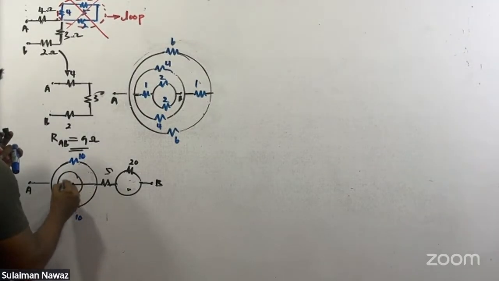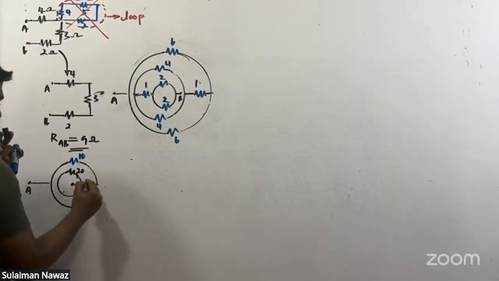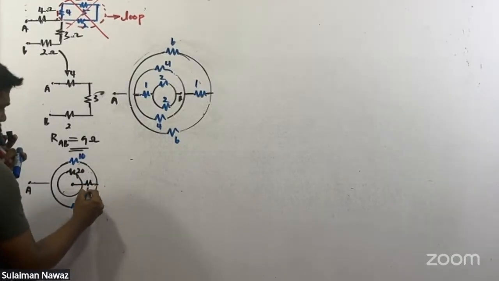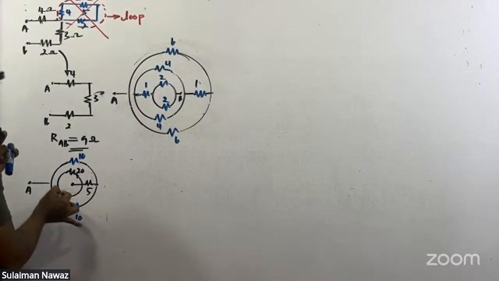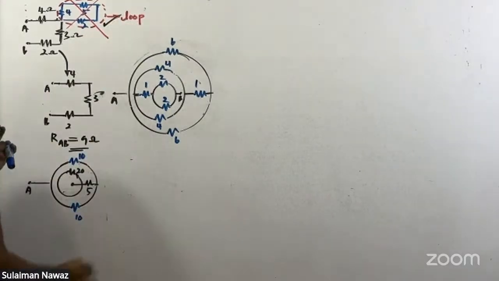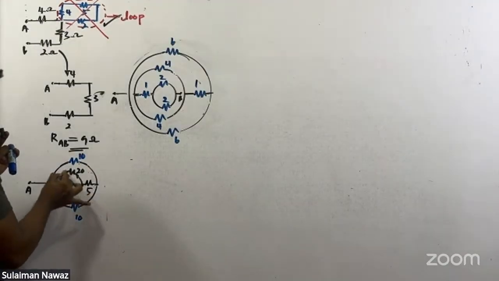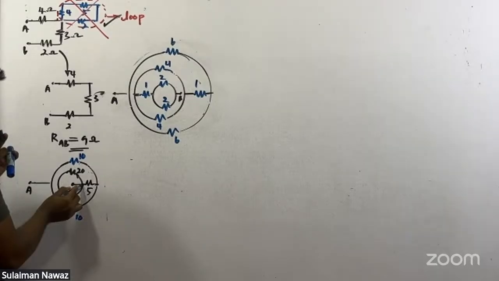Okay, this is how it was earlier. So you understand, this 20 ohm circuit is a loop. Why? This circle's starting point and ending point is this point, correct?